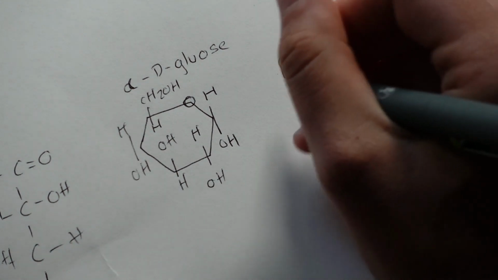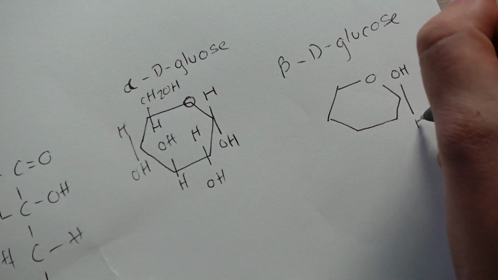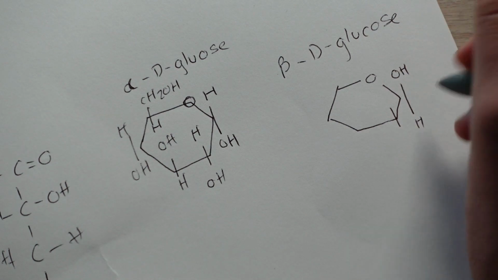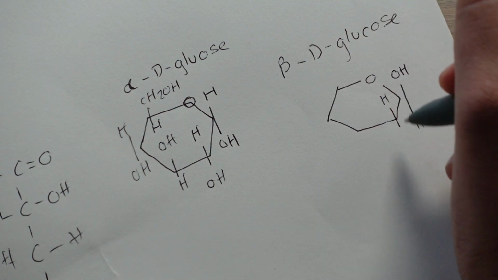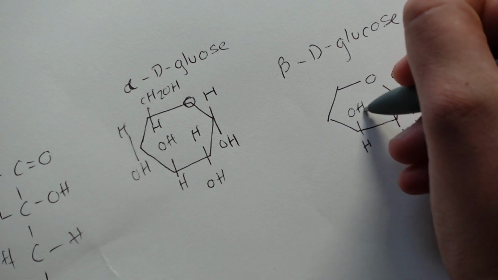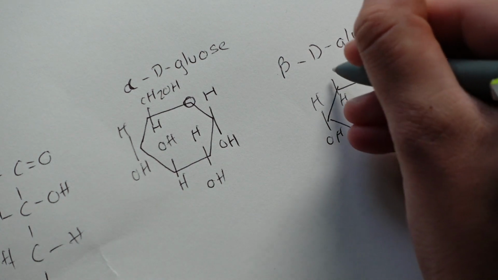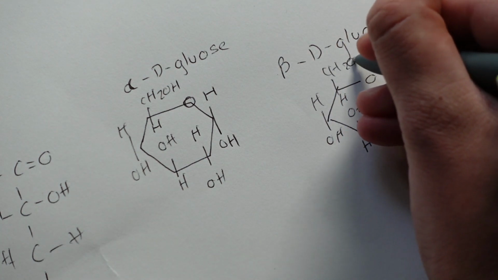This is the difference between alpha and beta. Here it's OH, H, instead of H up top. And then it goes H, OH, H, OH, H, H, CH2OH. There's a ribose.